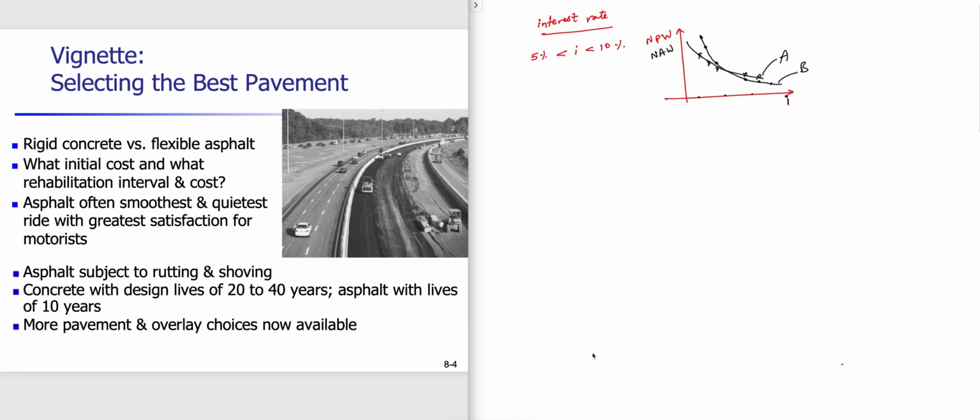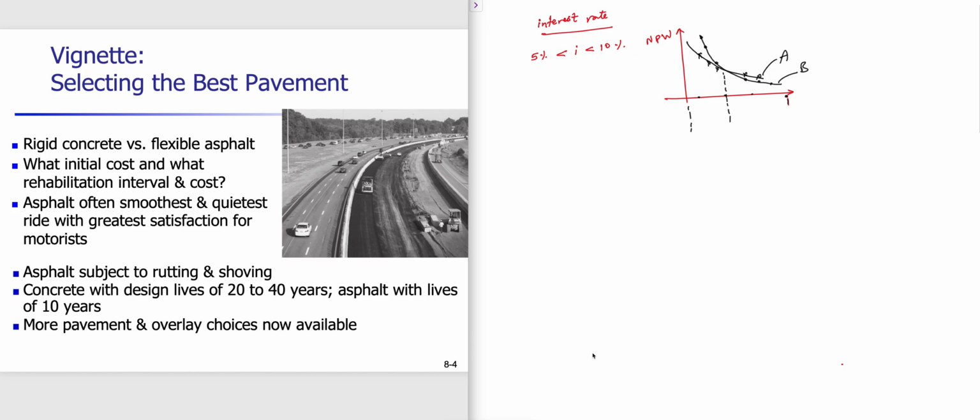Then we see that till this range here, and when we are plotting net present worth, the higher present worth is better, right? Net present worth is the higher the better.